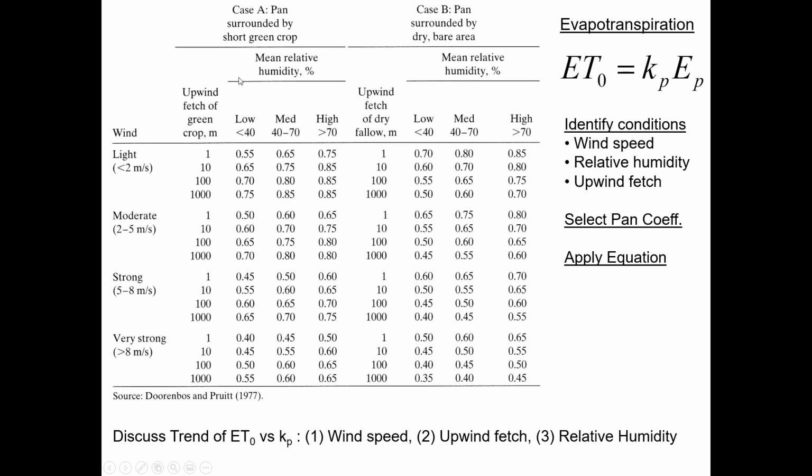the humidity. These pan coefficients are a decimal that you multiply by the observed pan evaporation, E sub p, and that tells you how much evapotranspiration happened out of the crop.